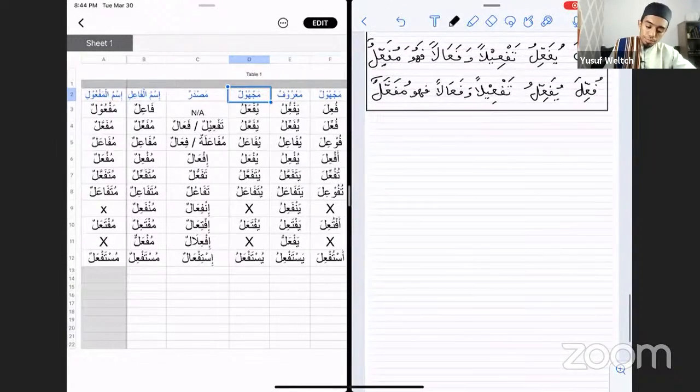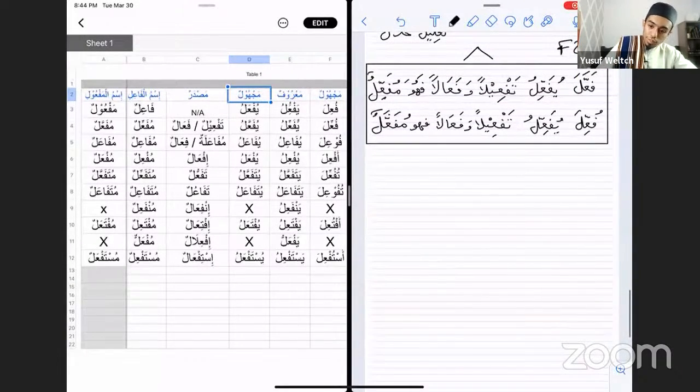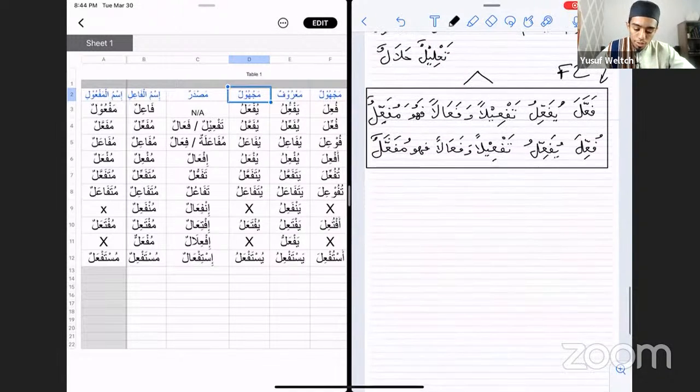Go ahead. Yeah, I probably missed this. Sorry, I was preparing. But how is there a way to form the masdar? It almost looks like there's a lengthened aleph in there somewhere. You mean the alif on the end? Yeah, how to form the masdar. I probably missed it, I'm sorry. Okay, no problem.